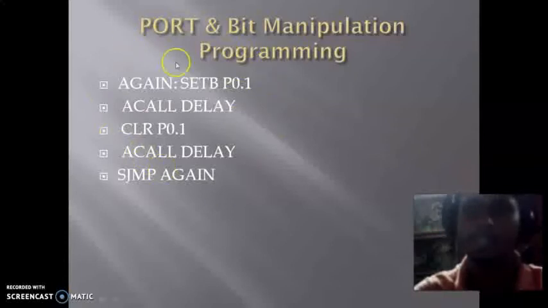So this is another toggling program, where the P0.1 bit is continuously toggling. SETB P0.1 means it will be set as 1, and we will call a delay, then we will clear P0.1, then we will again call delay and SJMP again, and it will continuously do the work.